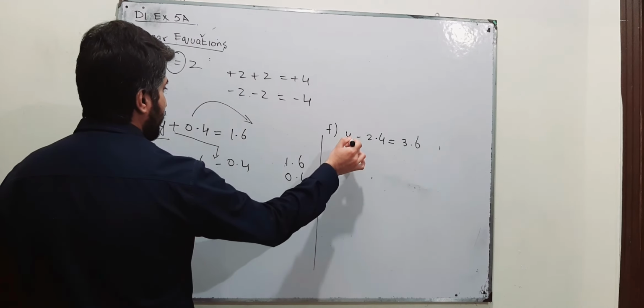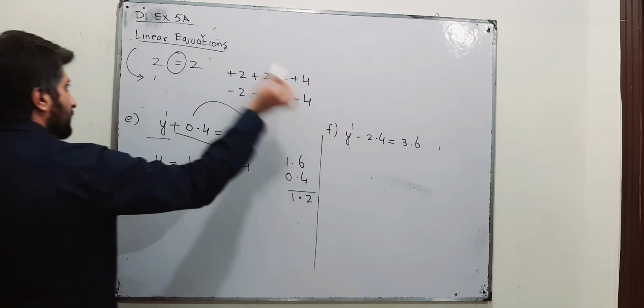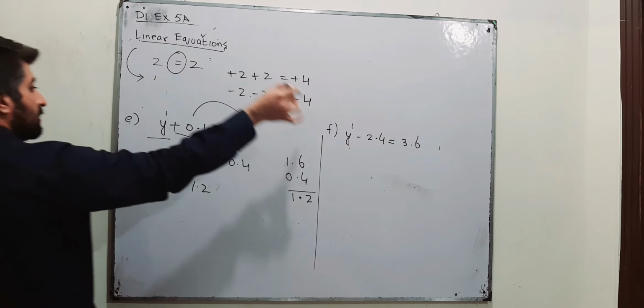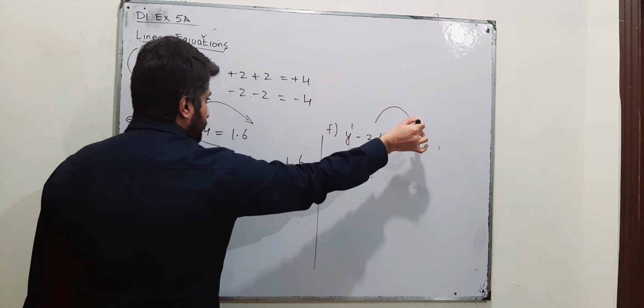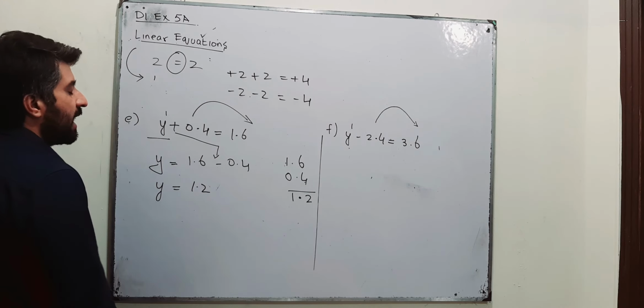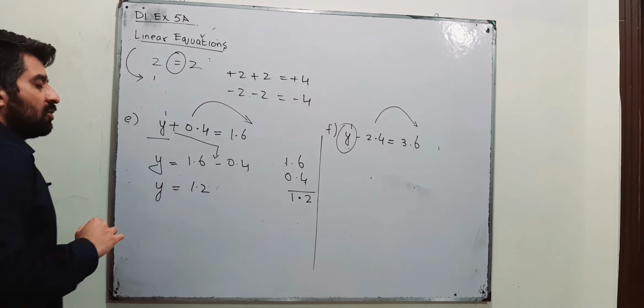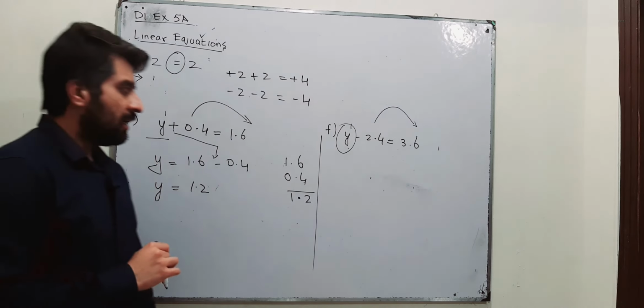This is a variable with power 1, so it is a linear equation in this case. You need to find the value of y, so for that purpose, you need to isolate y.